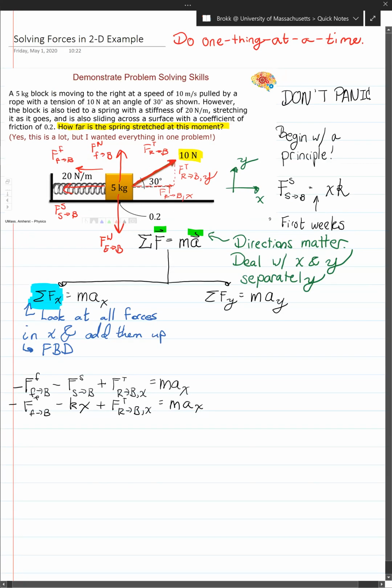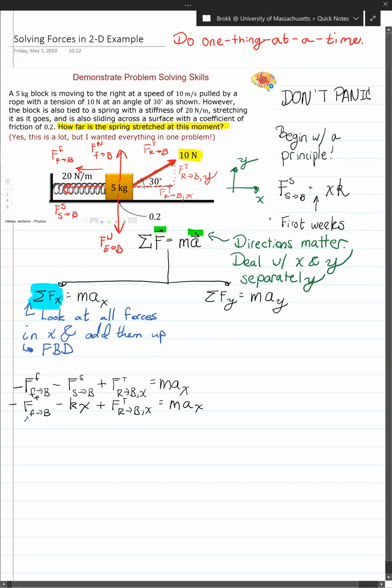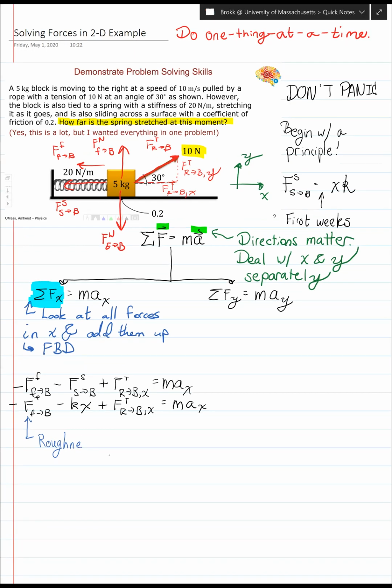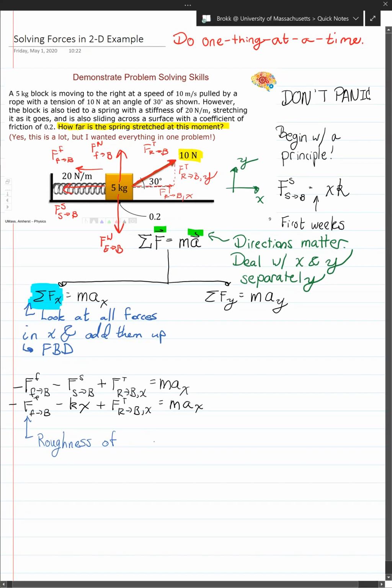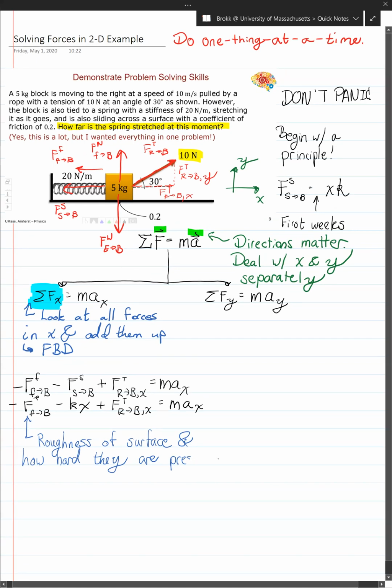We also know that friction is the roughness of the surface and how hard they are pressed together.